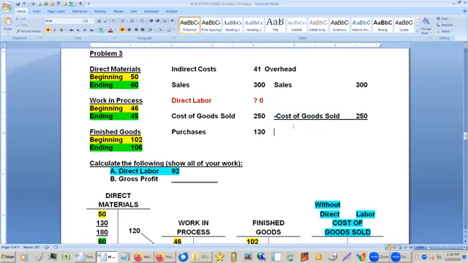Okay, and so this will be our gross margin, the gross profit. Let's say gross profit.